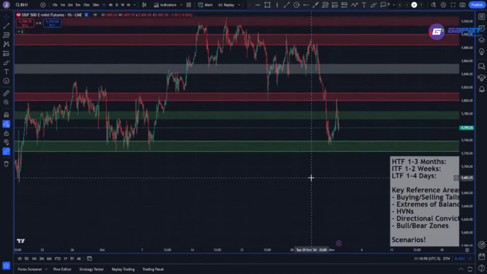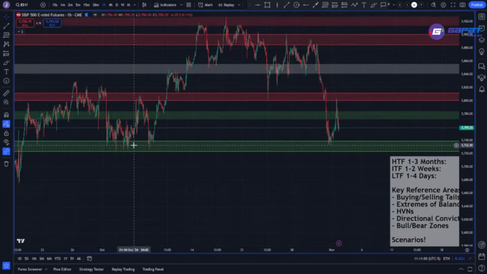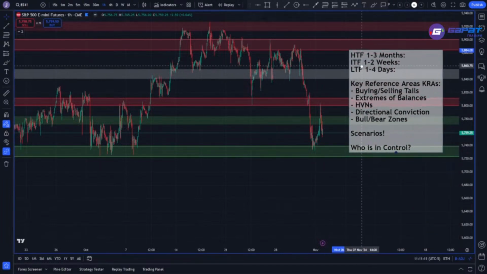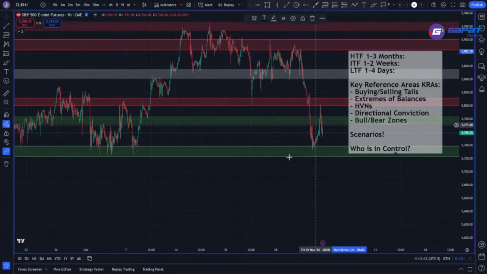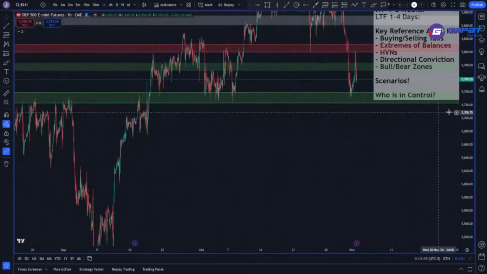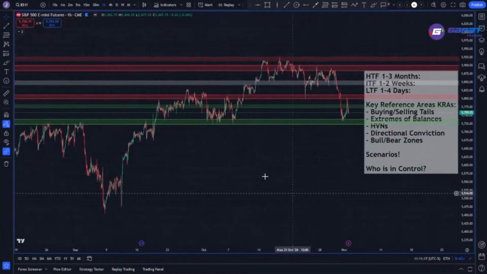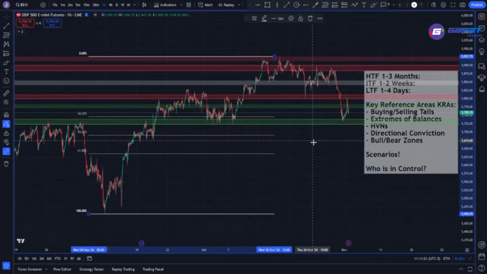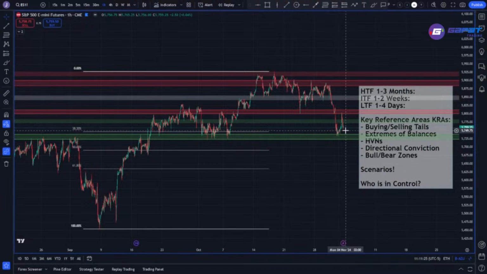But we have to keep in mind that this level is a higher time frame level of support. The higher time frame is always going to have the strongest levels that we could have, and the strongest and most amount of orders are going to be at the higher time frame levels. So if I zoom out and draw my Fibonacci lines from bottom to top, I can see that this pullback here is only a 38% pullback of this original move long.